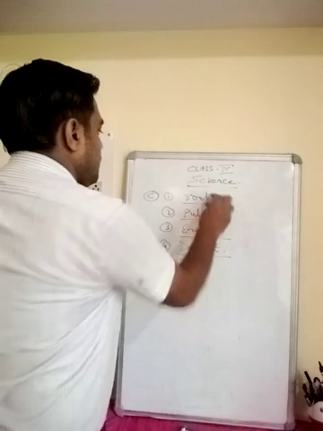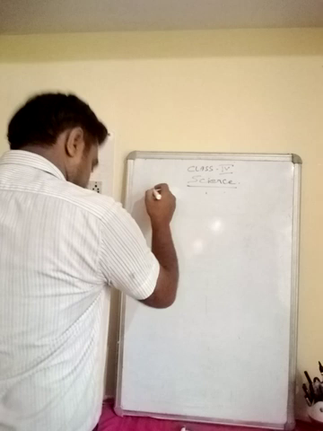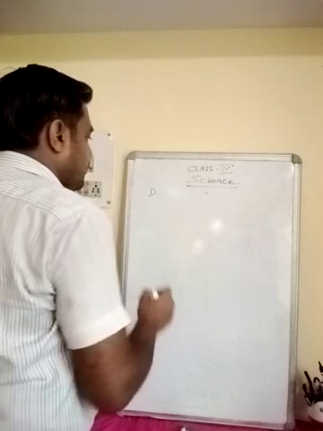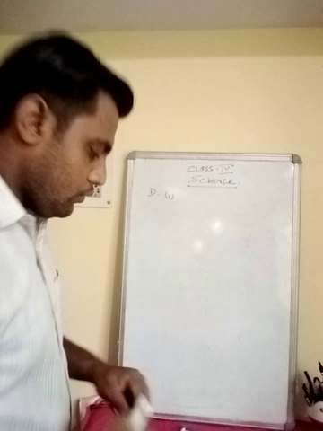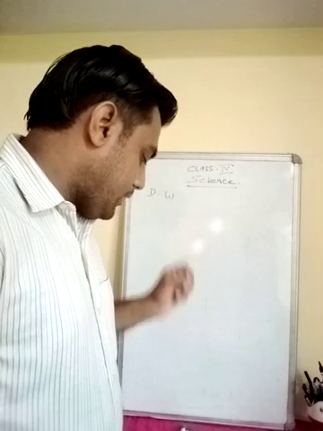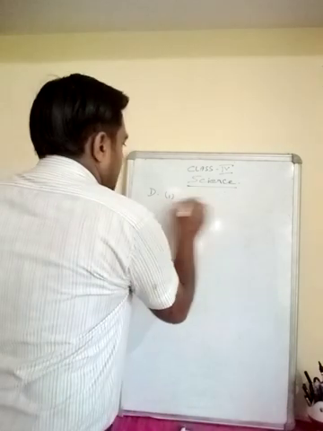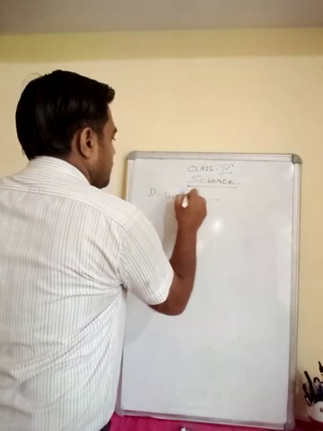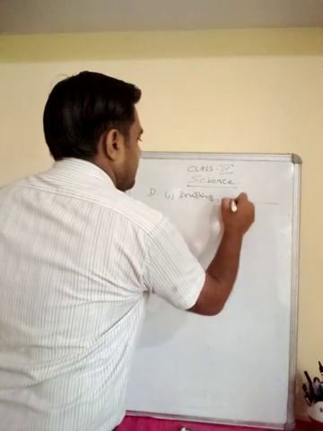Now moving on to exercise D. You have to give 2 examples for each. Ways to take care of teeth. How can we take care of our teeth? Number 1 is brushing, and next one is flossing.